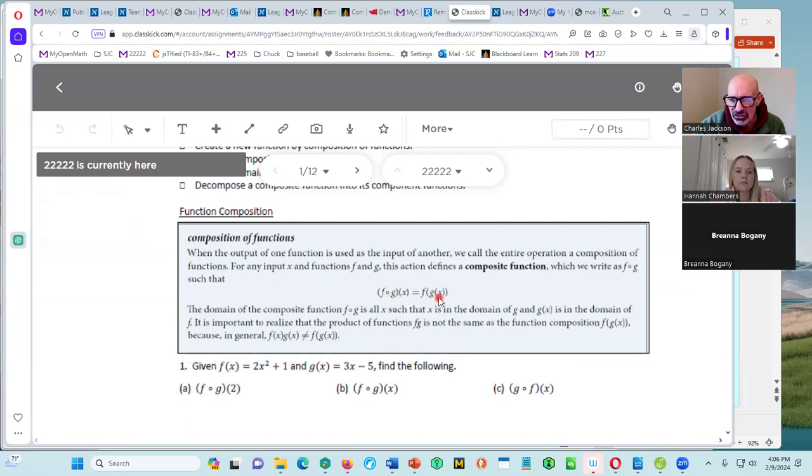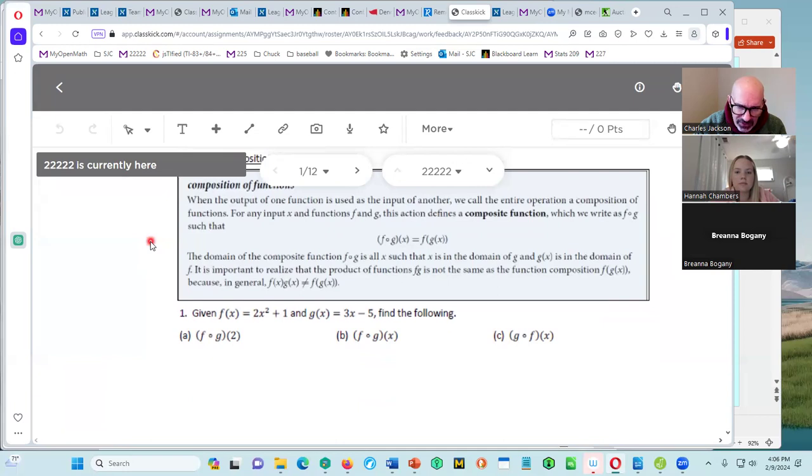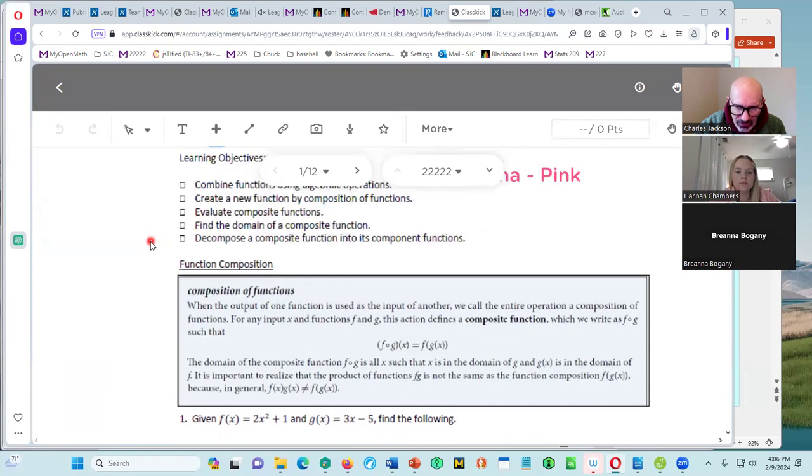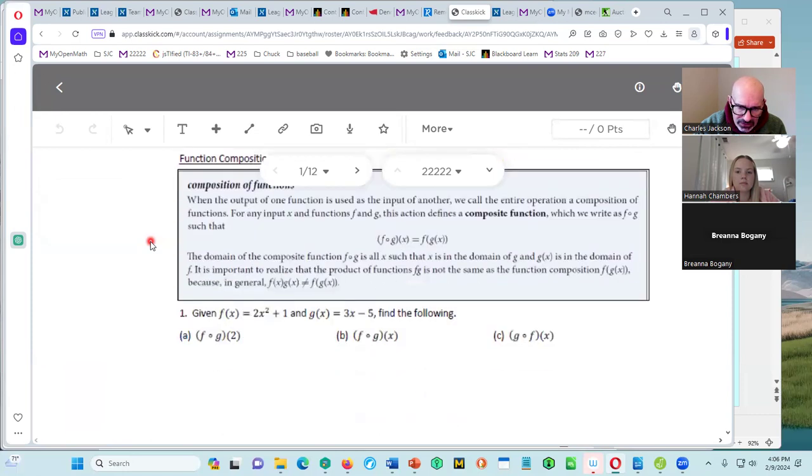The input of a function is a function. As usual, we'll try not to say too much, but let you learn by doing. And I'm sure I'll chime in and have a lot to say, but we'll go ahead and get after it. We have just regular problems to work here on the first slide.